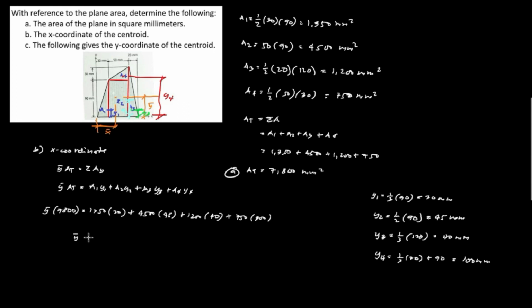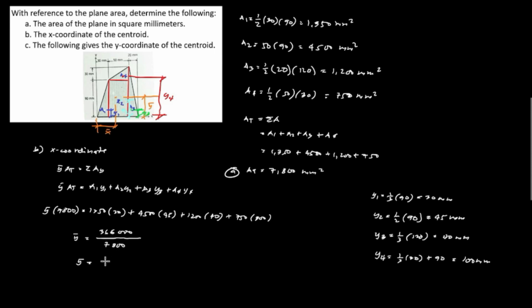And y bar is equal to 1,350 times 30 plus 4,500 times 45 plus 1,200 times 40 plus 750 times 100, total of 366,000, and we divide everything by 7,800.